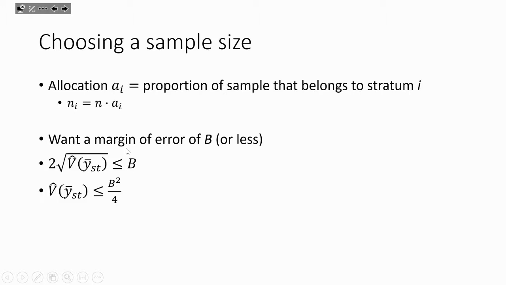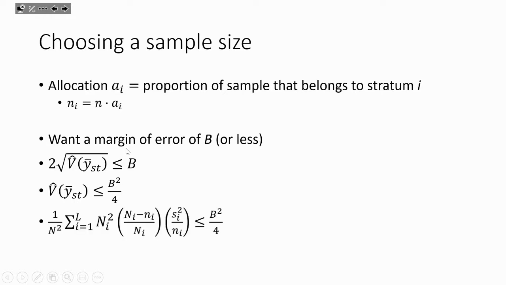So we can divide both sides of that by 2, and then square both sides. So we want the variance to be less than or equal to b squared over 4. So this part is the same as what we did for simple random samples. And then we can go ahead and plug in our formula for the variance of y bar sub st.